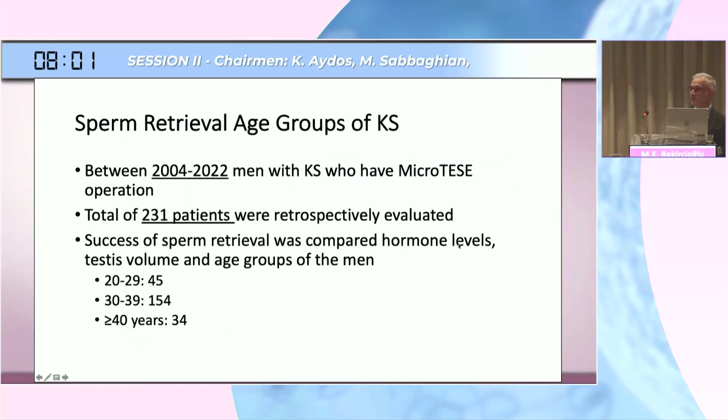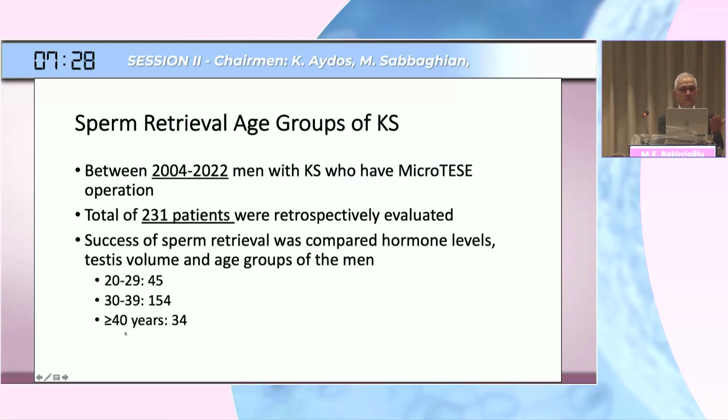And when I saw this paper, I would like to look at our data between 2004 to 2022. We collected 231 patients retrospectively, and we compared the hormone levels, testis volume, and age of the groups: 45 men at 20 to 29 years, and 30 to 39 years, 154 men.